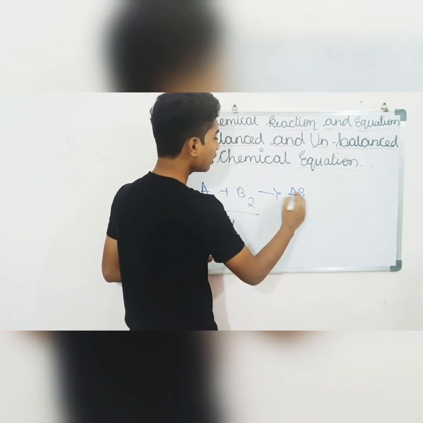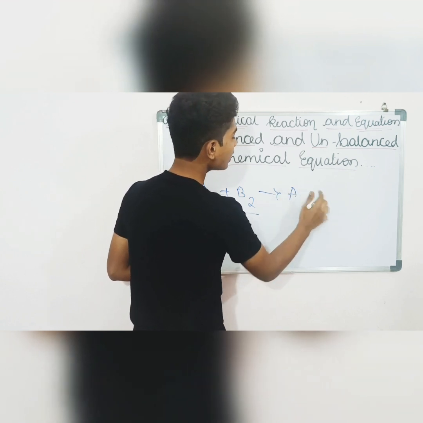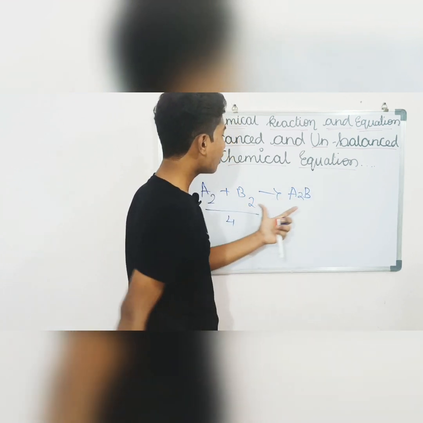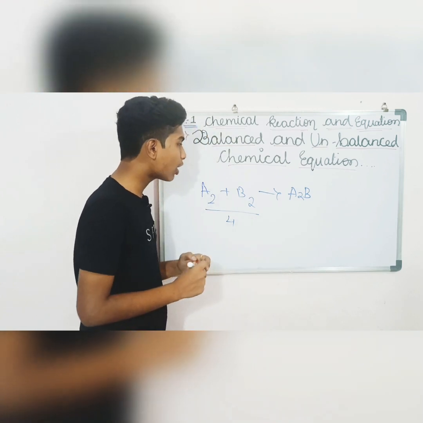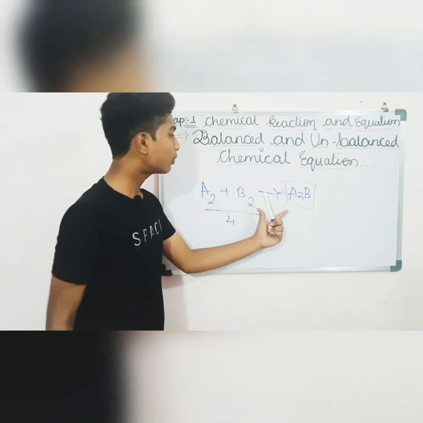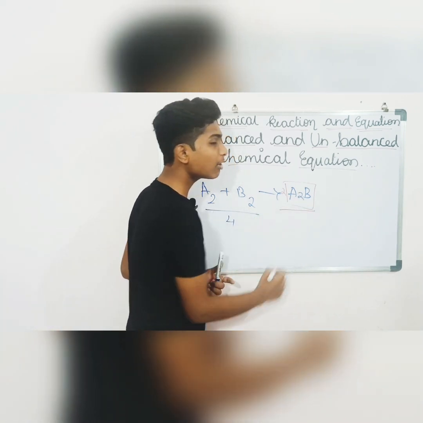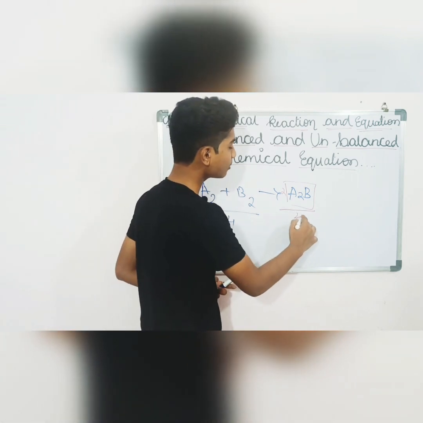And here A and B, it has only 2 atoms. Now it's unbalanced. To balance it, what we need to do is just multiply here with 2. Now 2A and 2B. Here also 2A, 2B. So here the number of atoms at the product side also becomes 4.